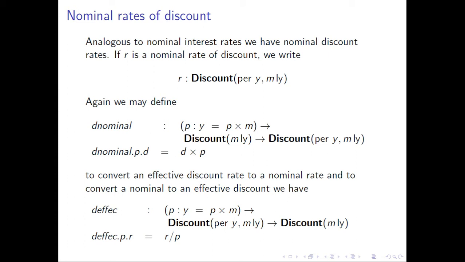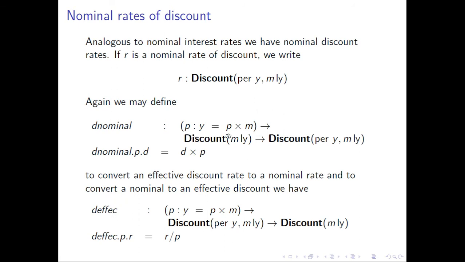Now again, just as we have nominal rates of interest, we have nominal rates of discount. And we see here that the nominal rate of discount will be per y compounded m-thly. And we can define a function dnominal to convert an effective discount rate into a nominal discount rate, as follows.